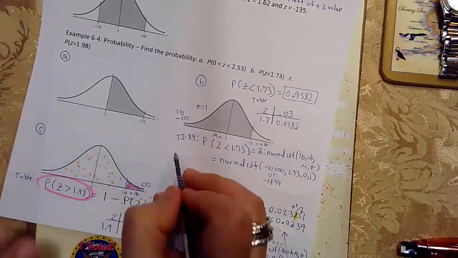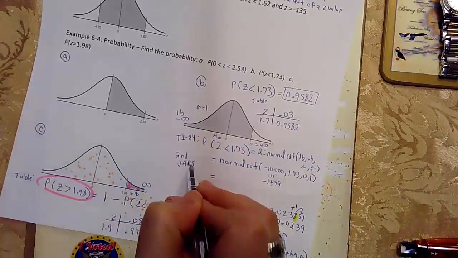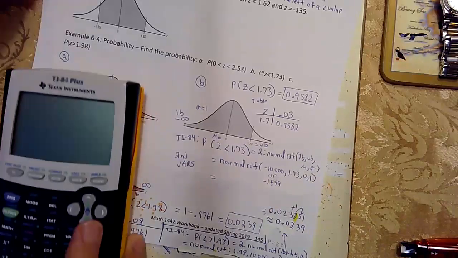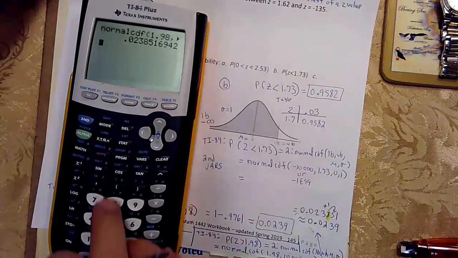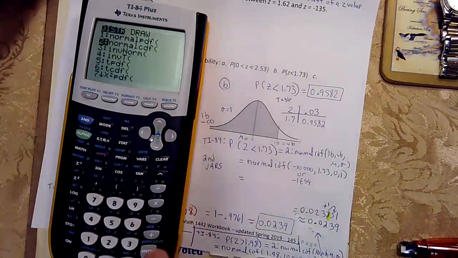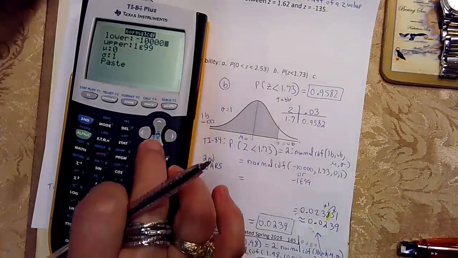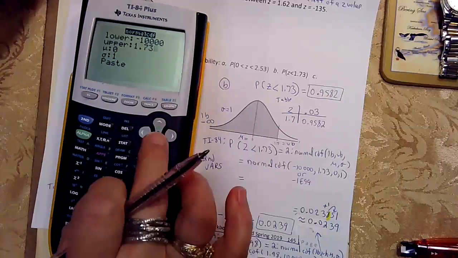Okay, and you're using 2nd Vars, number 2. Lower bound, you can use -10,000. Upper bound is 1.73, 0 and 1.